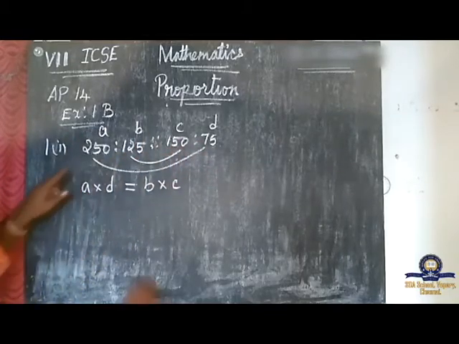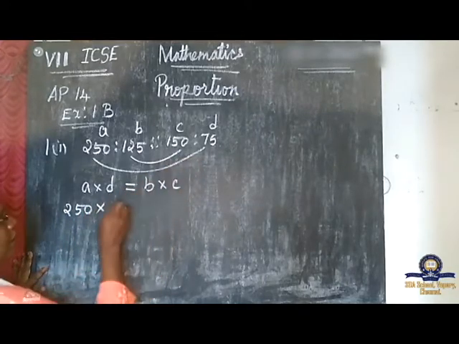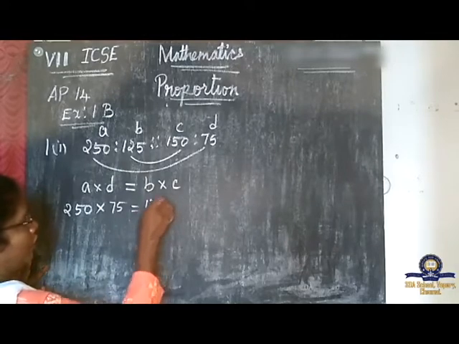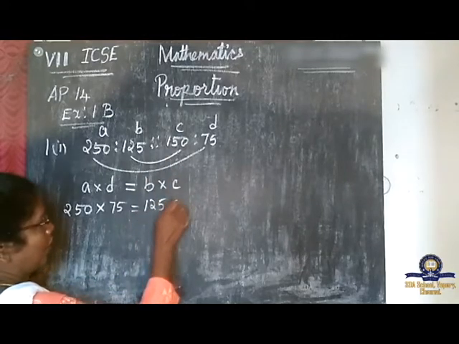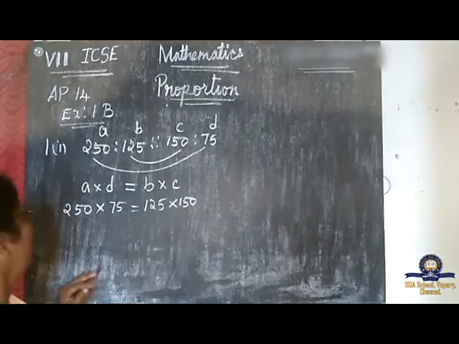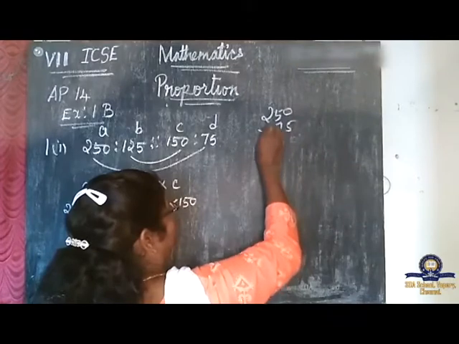What is A? 250, into what is D? 75. What is B? 125. What is C? 150. Shall we multiply and see? Yes, 250 into 75. I am multiplying.